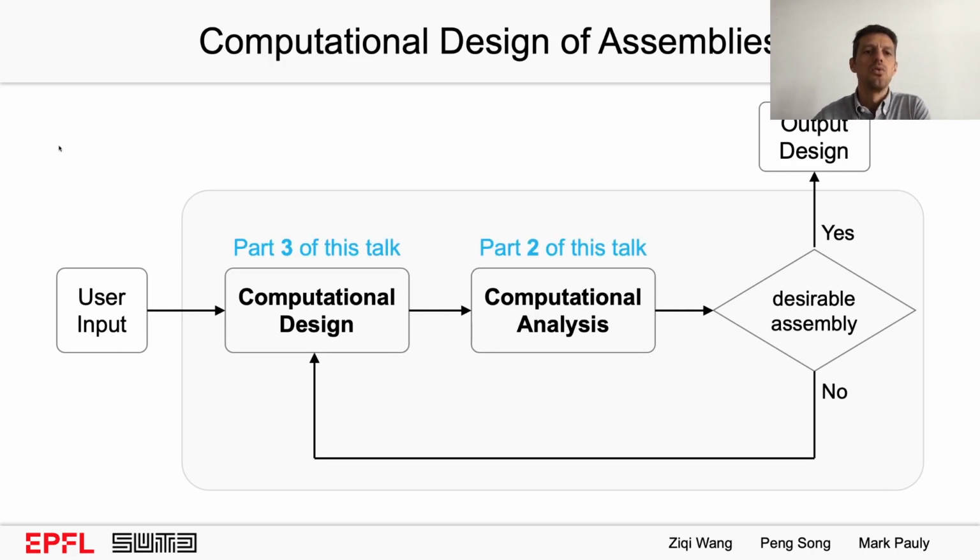So these two aspects relate to the main part of this tutorial. So in the first part, or I should say the second part after this introduction, we will look at tools to analyze computationally various assemblies. And then in part 3, Siqi will talk about algorithms and data structures to design assemblies.